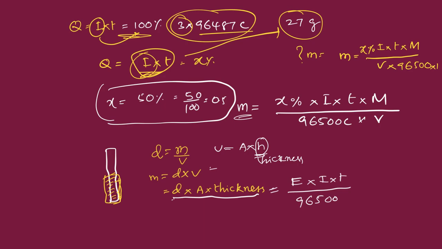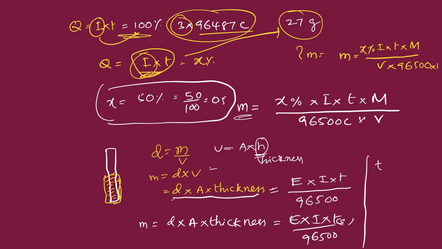Therefore, the formula once again I am writing: mass is equal to density into area into thickness is equal to equivalent weight into I, current, into time divided by 96,500. Time always in seconds, don't forget. So time should be taken in seconds, and the unit of I, current, is ampere.